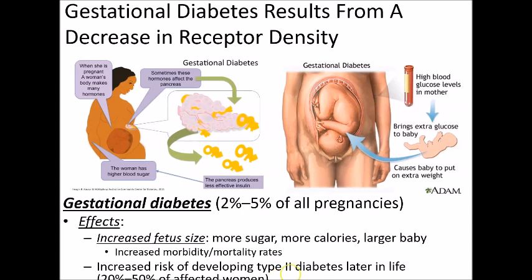So large babies do not necessarily have an advantage and actually have a disadvantage over more normal weight babies. And again, as mentioned, that increases the risk of developing type 2 diabetes later in life. And depending on the study, somewhere between 20% and 50% of the women can be affected.